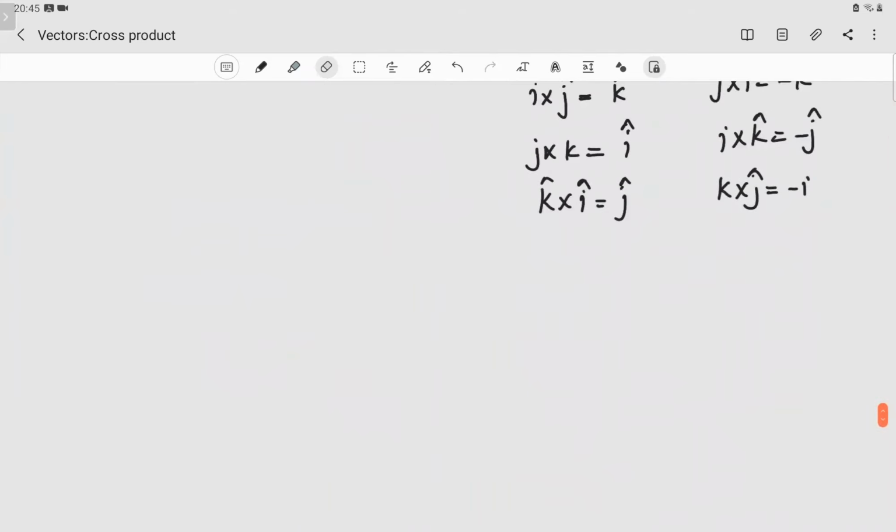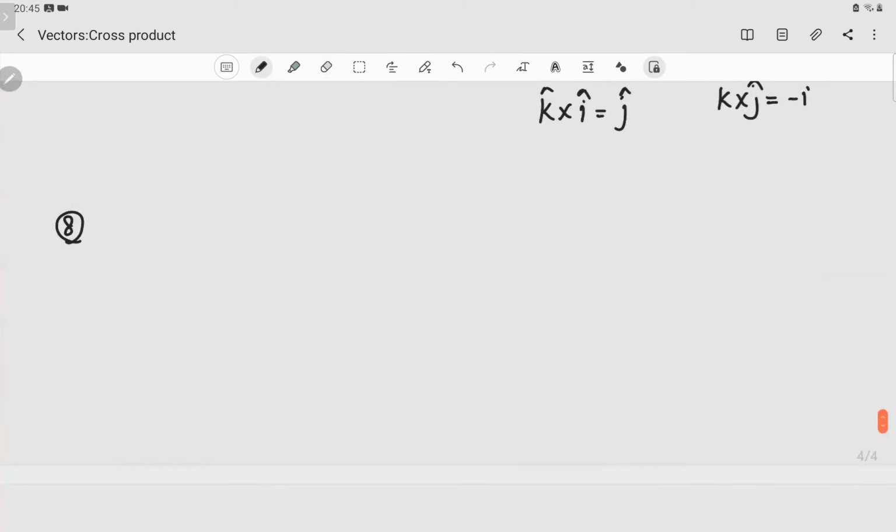Okay. Now, if you have some acquaintance with physics, you can see that work done, which is a scalar quantity, is actually a dot product of force and displacement in 3 dimensions.